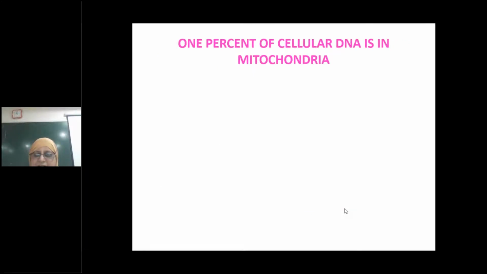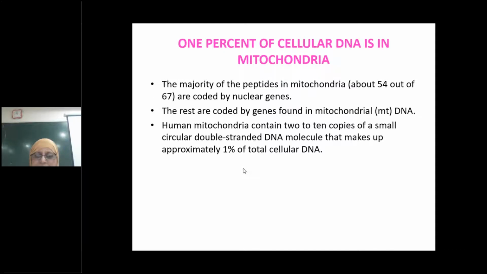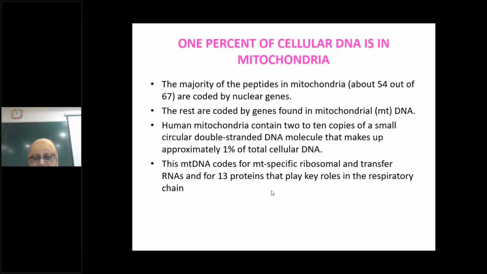Then we said 1% of the cellular DNA is also present in the mitochondria. So in the mitochondria, the majority of the peptides are encoded by the nuclear genes, and the rest are coded by genes found in the mitochondrial DNA. Now, human mitochondria contain 2 to 10 copies of a small circular double-stranded DNA molecule that makes up approximately 1% of the total cellular DNA.